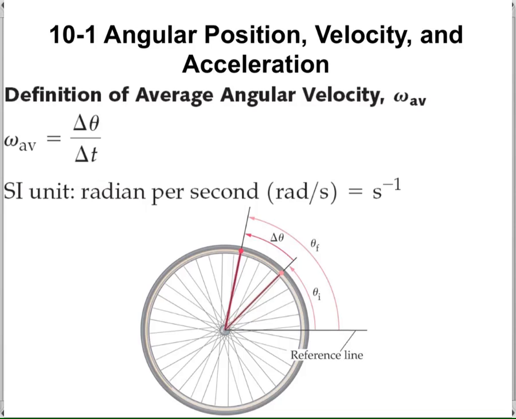RPM is the short notation for revolutions per minute. All kinds of electrical motors are usually given in revolutions per minute. You can always convert that RPM to degrees per second, radians per second, whatever.